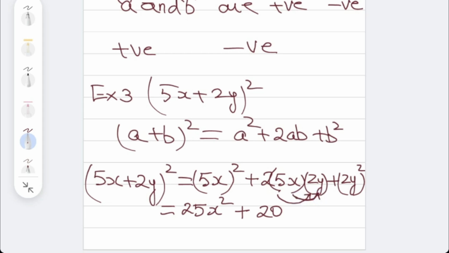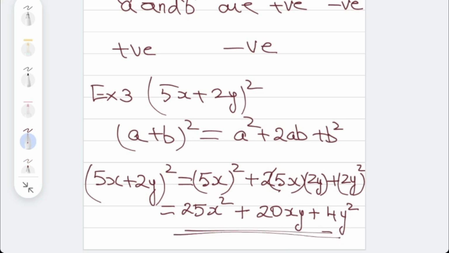Now x into y is xy, so 20xy. Let us remove these lines, I don't want any confusion. So this is 20xy plus 2 square is 4 and y square is y square. So this is all. He's just wanting us to write this in the expanded form.